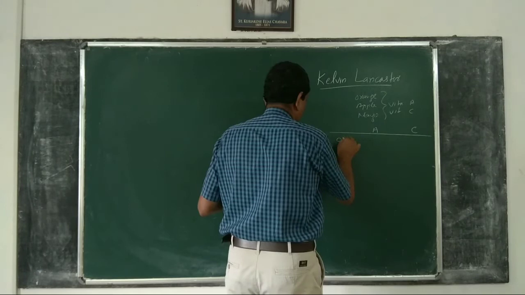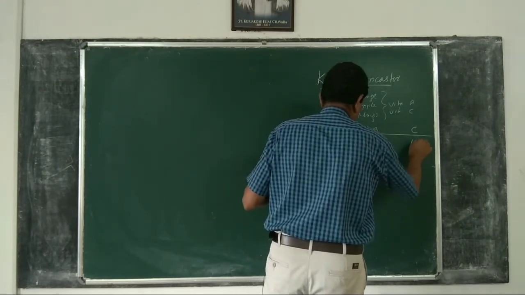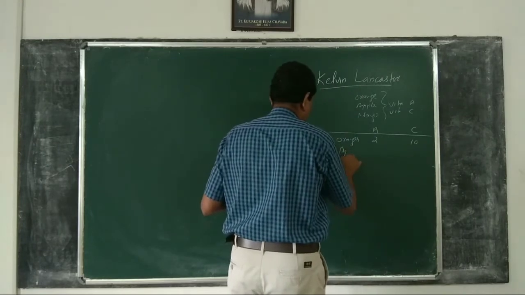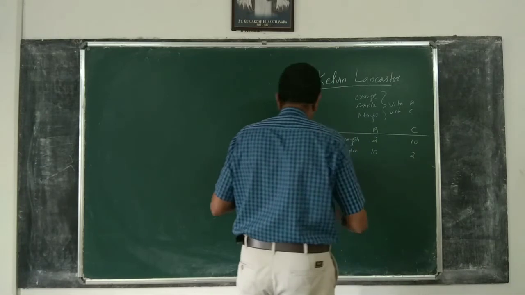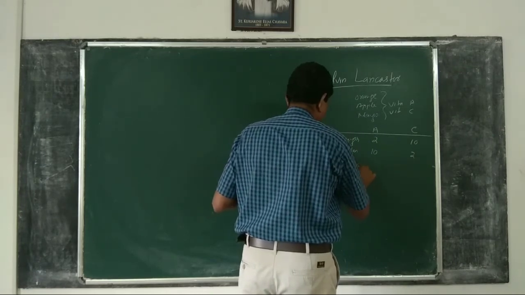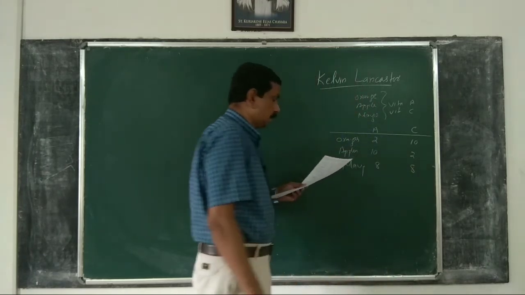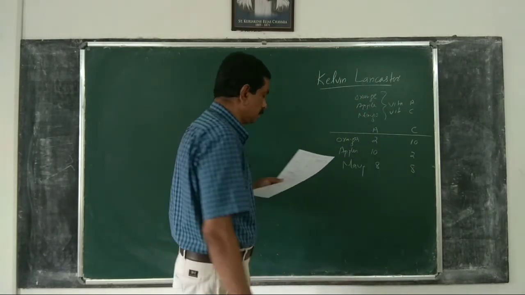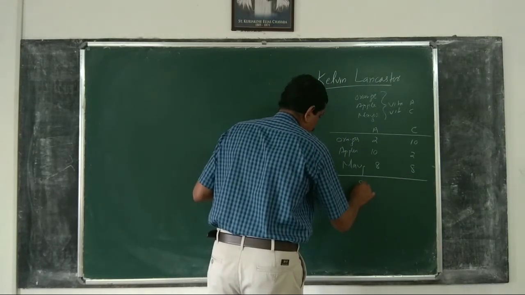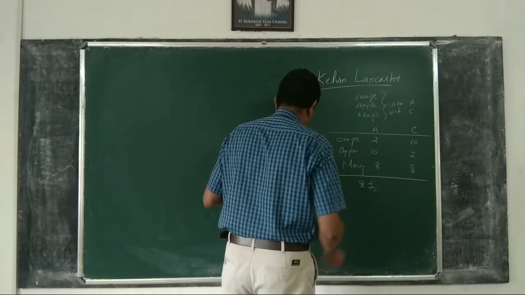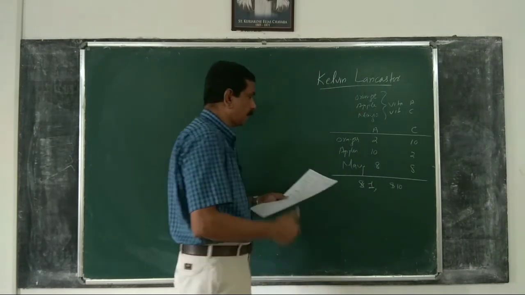In the oranges, it is 2 and 10. In the apples, it is 10 and 2. And in mangoes, it is 8 and 8. We assume that each good costs $1 and also that the consumer has $10 to spend.